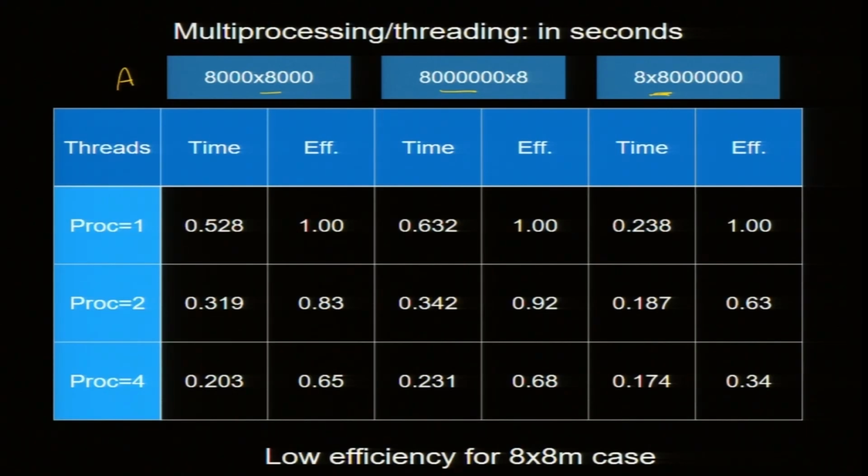There are 3 possibilities, and the number of operations is the same for all 3 cases. My array X is of different sizes: here it is 8000, here it is size 8 only, and here array X is big. You can convince yourself the number of multiplications is the same.